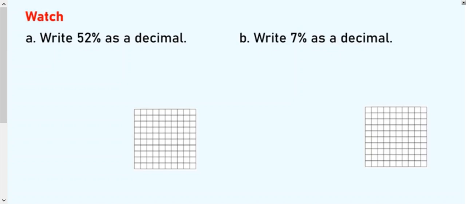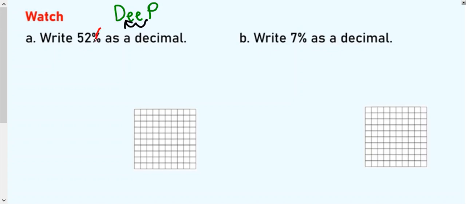So the first thing I'm going to do is write my acronym up here, DEEP. Okay, and then I'm going to ask myself, what direction am I going? I'm going from a percent to a decimal, so we're going to move 2 places to the left.